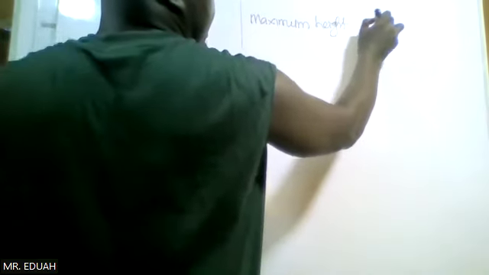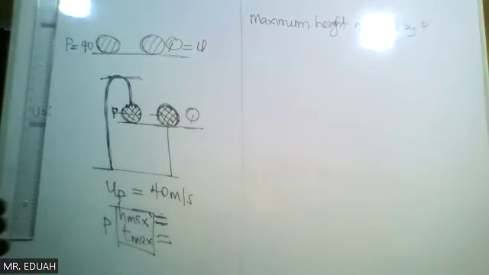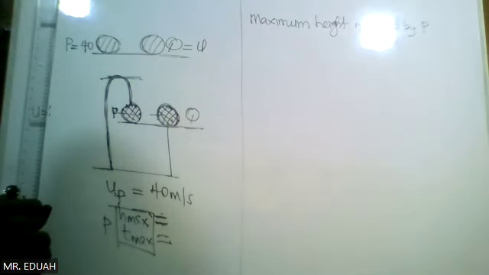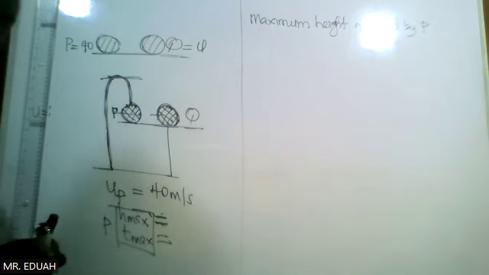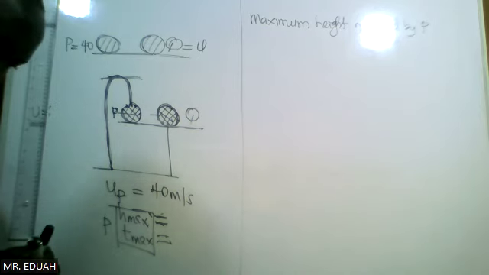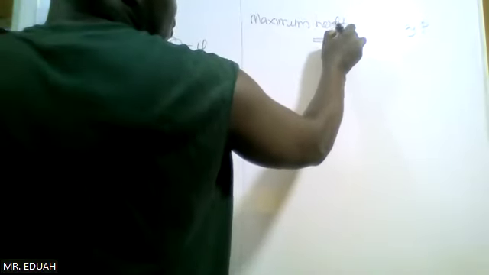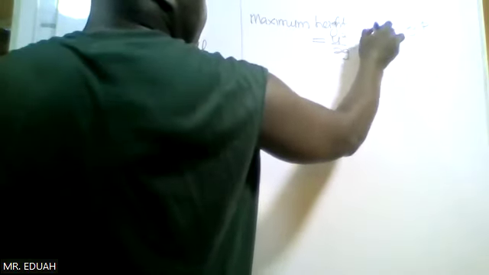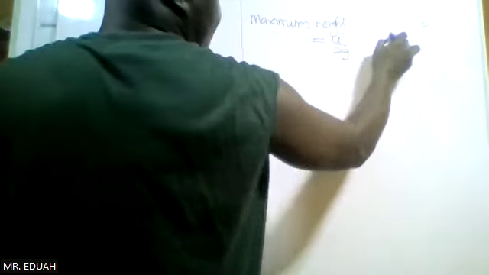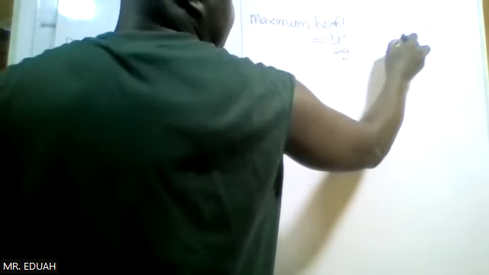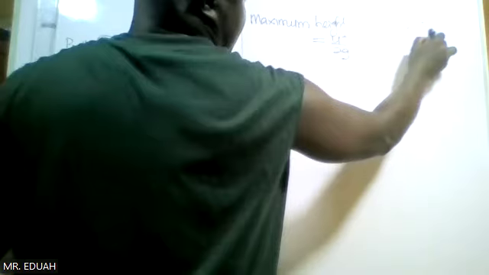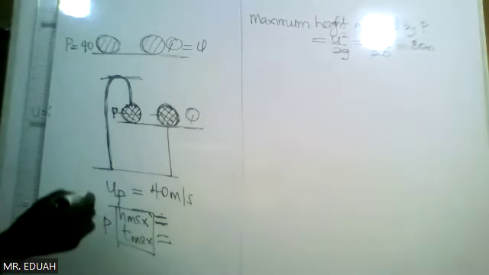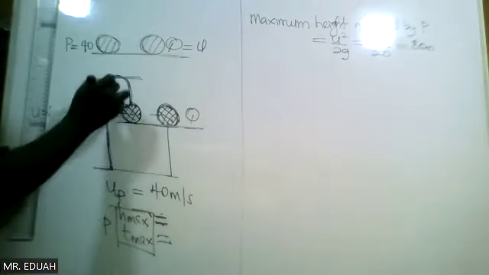So what did you also get? 80 meters. Okay, so clearly it means you use U squared over 2g. So we have 40 squared over 20, and this is 80 meters. So that's the maximum height reached by P.